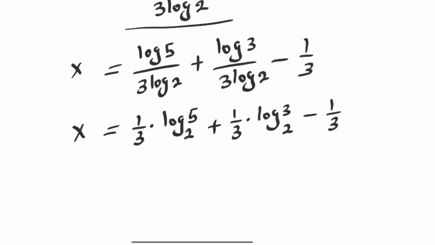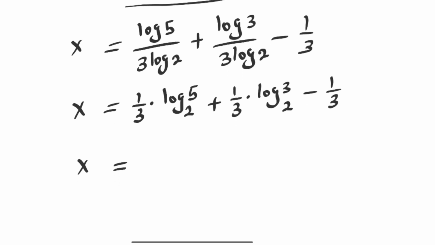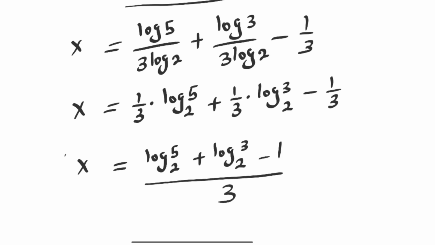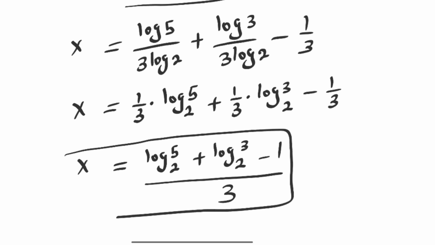Then you can see that the LCM here is 3. x will be equal to log 5 base 2 plus log 3 base 2 minus 1, over 3. This is the final answer.